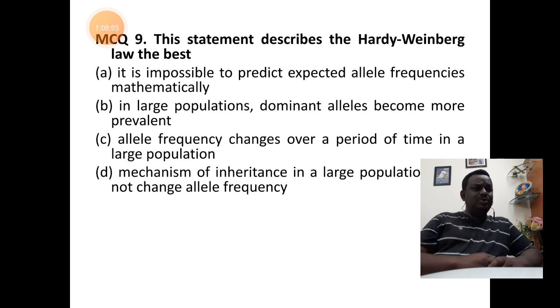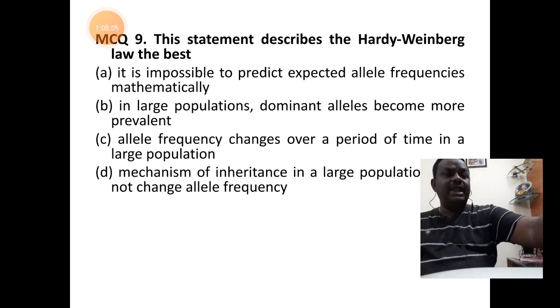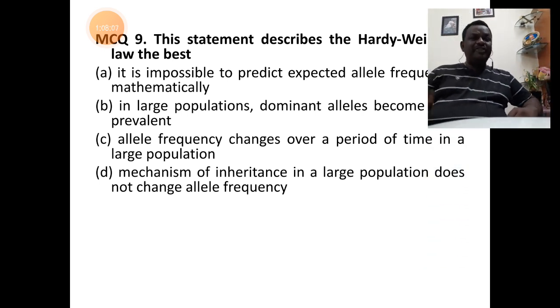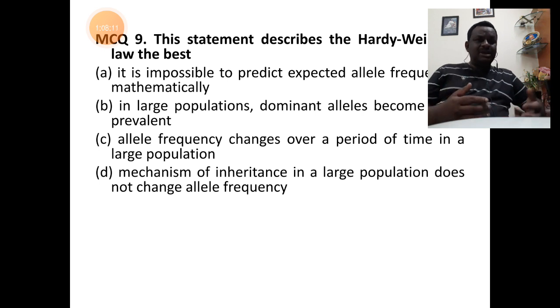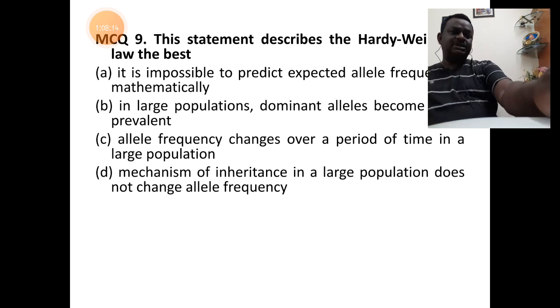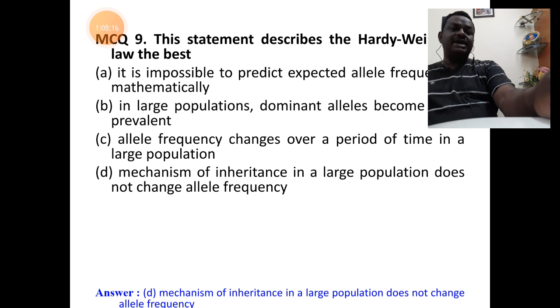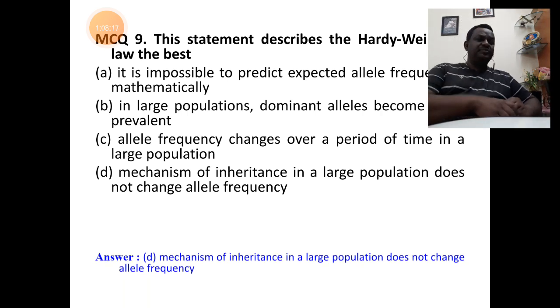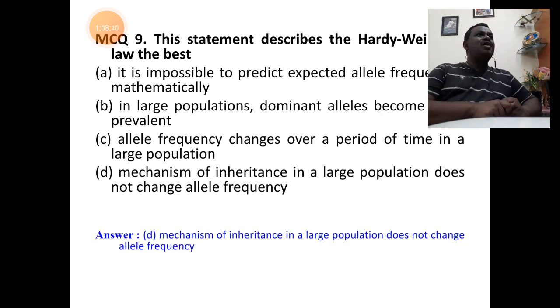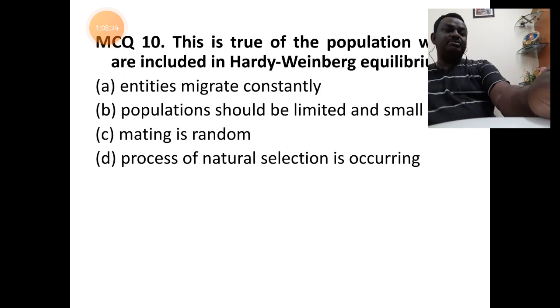That is also no, because it's drift. And D is mechanism of inheritance in a large population does not change allele frequency. So answer is D. So allele frequency should remain constant. If it is changing, we cannot call it as Hardy-Weinberg law.